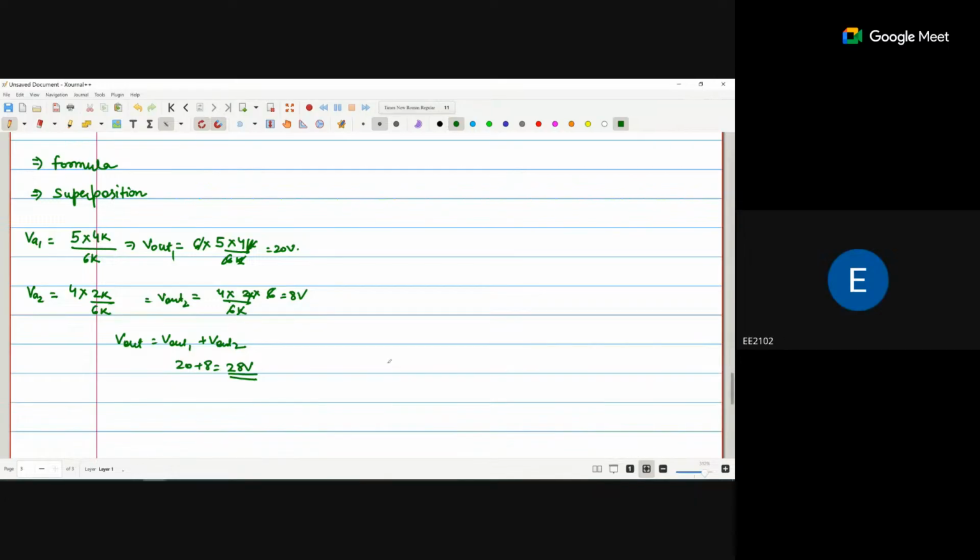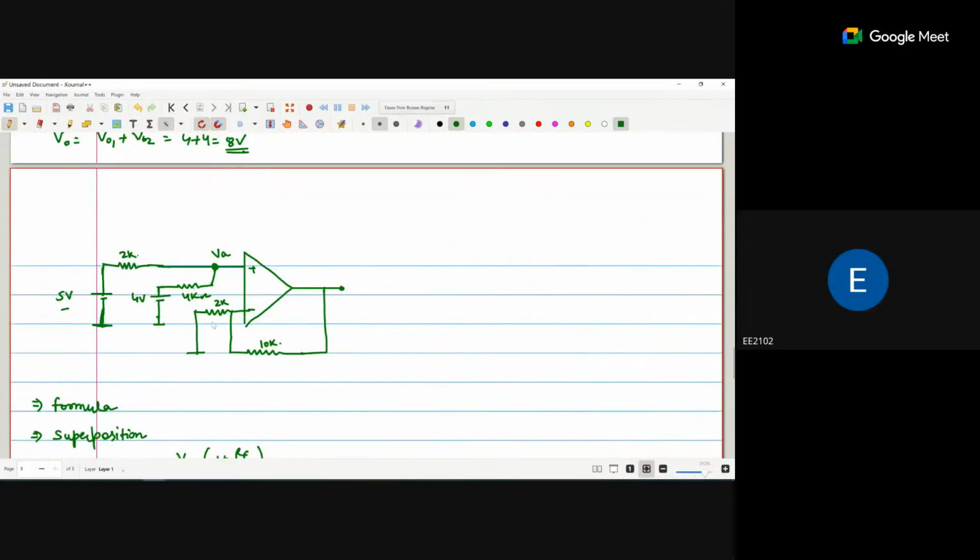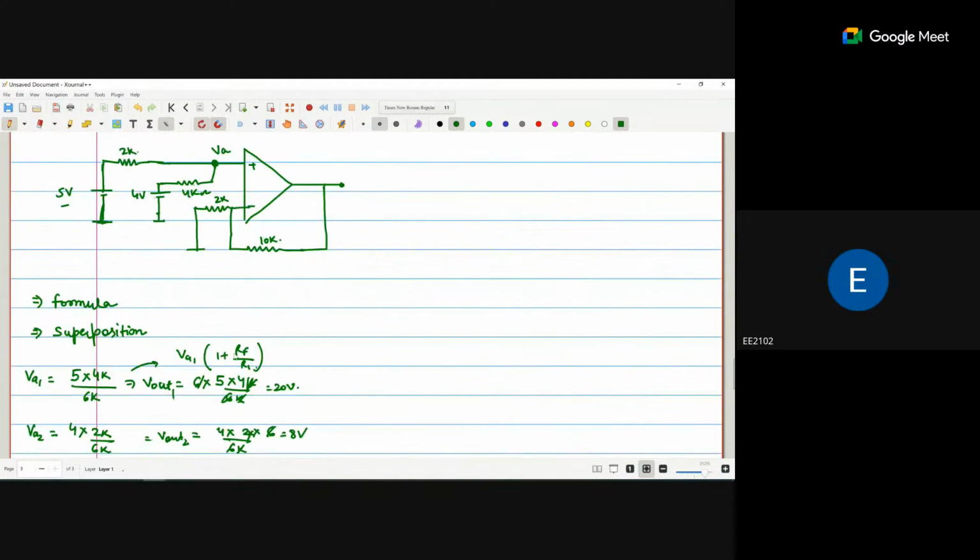VA1 is 5 into 4 divided by 6K. So what is V out? V out is VA1 into 1 plus RF by R1. RF is 10 and R1 is 2, so 10 by 2 is 5. 5 plus 1 is 6.